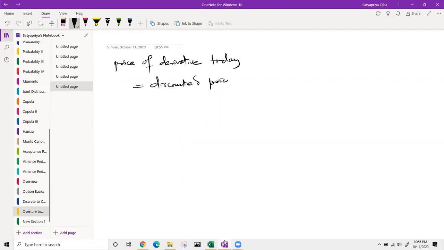Discounted price of derivative today. What is the reason for this? Price of derivative today is equal to discounted price of derivative today. Why is it true? It's a very simple statement. Why is this true?